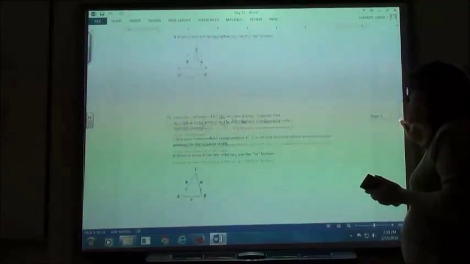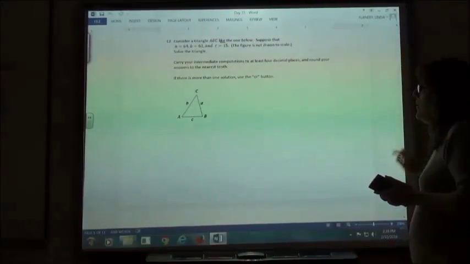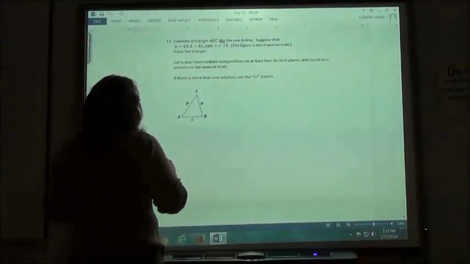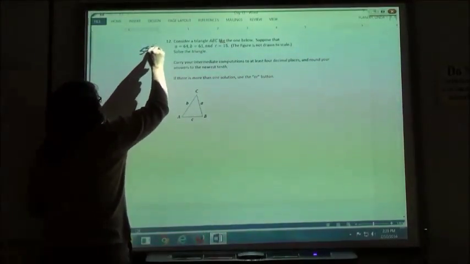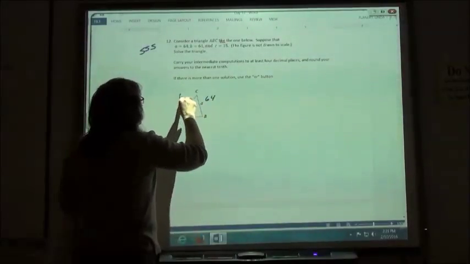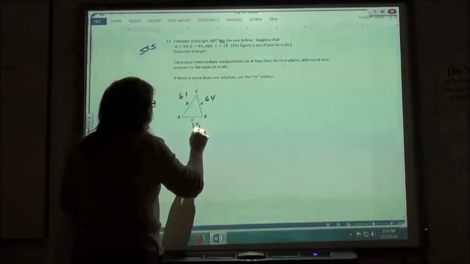One more of those. Number 12. Again, this one is a side, side, side case. We know 3 of the sides. A is 64, B is 61, C is 15.